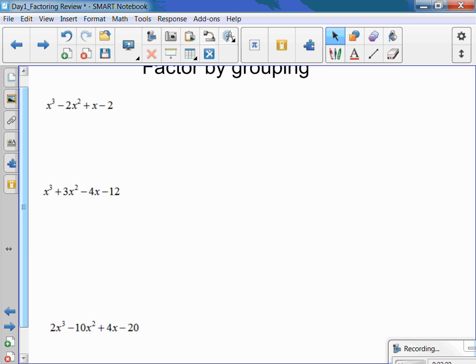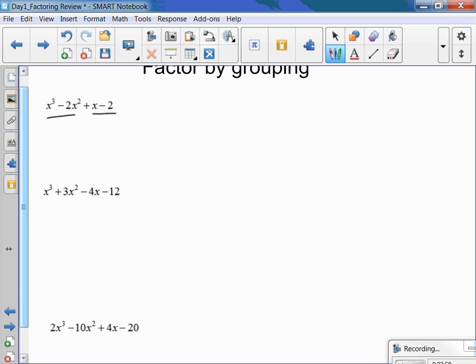Don't you factor the first x? Absolutely. Factor by grouping, we break it apart. We look at the first 2 terms separately and the last 2 terms separately, and we find that GCF. So looking at the first 2 terms, my x cubed and my negative 2x squared, what do they share in common? x squared, absolutely.